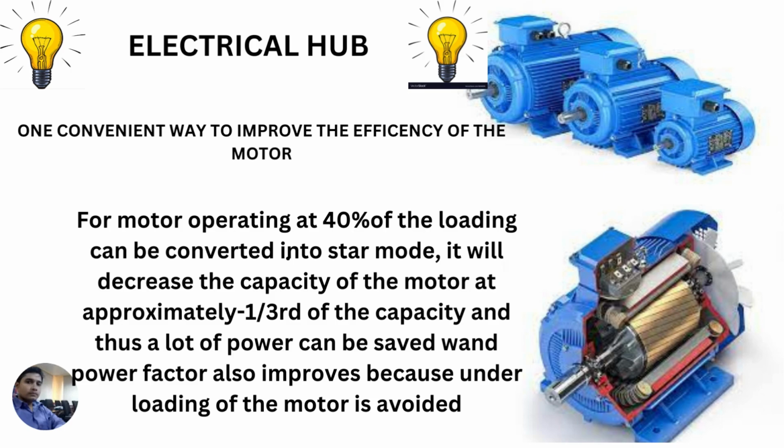It will decrease the capacity of the motor to approximately one third of its value, but it will help in reducing the magnetizing current, so the power factor and the efficiency of the motor will be improved. It will give a lot of saving on the cost of power.